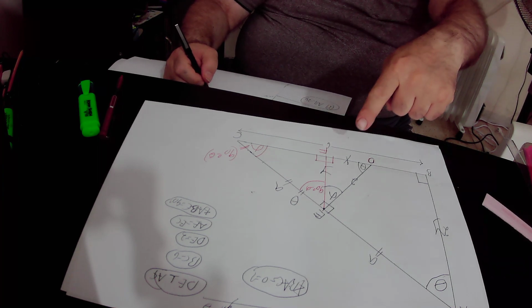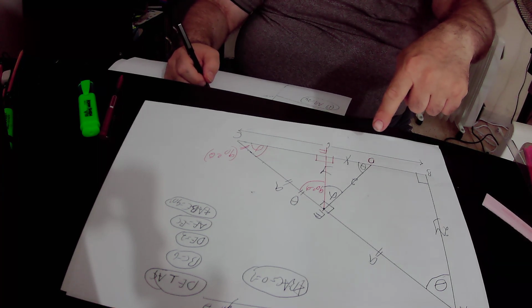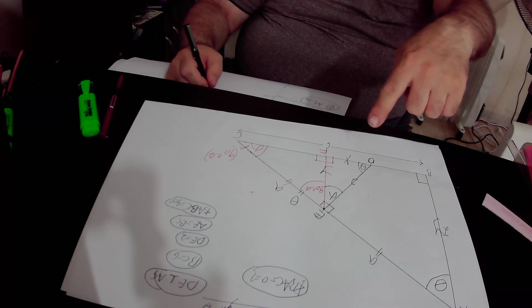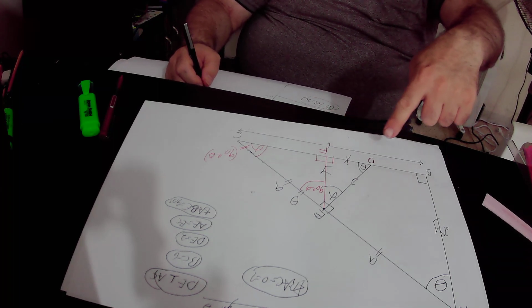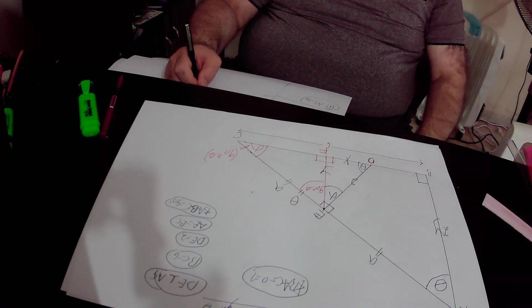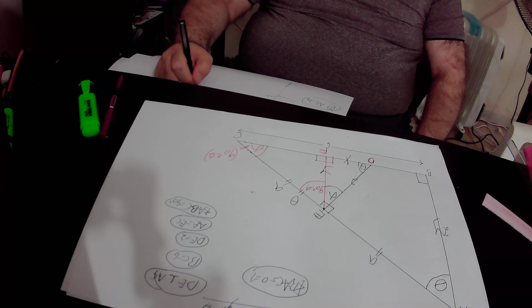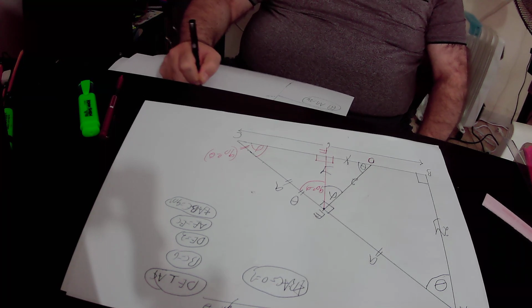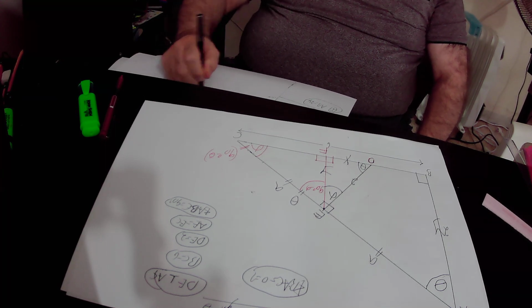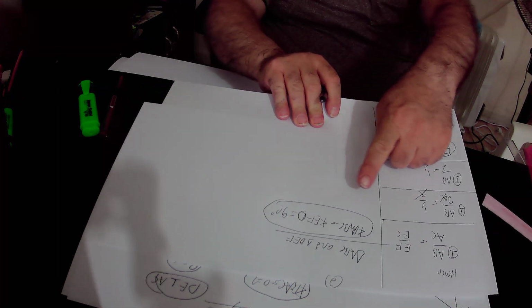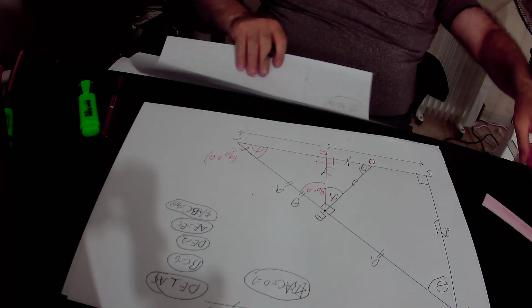It is actually angle DFC, angle EFD of triangle EFD, and both angles are equal to 90 degrees. I repeat again, angle ABC is equal to angle EFD, and both angles are equal to 90 degrees.